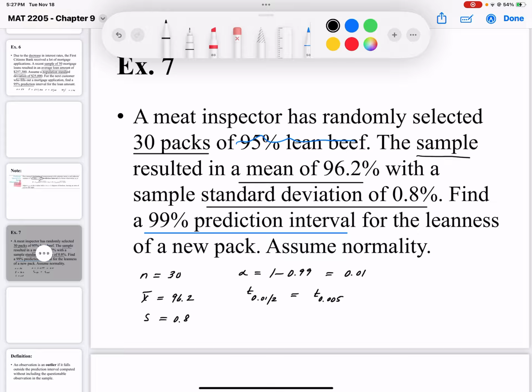But we know we need a degree of freedom. Every time we're using the t table, we need a degree of freedom, which is n minus 1. Our sample size is 30, so 30 minus 1 gives us 29. So I need to go to the chart and find t sub 0.005 with 29 degrees of freedom.